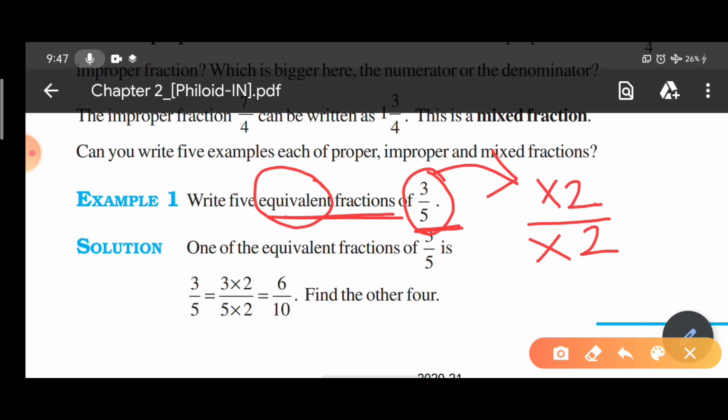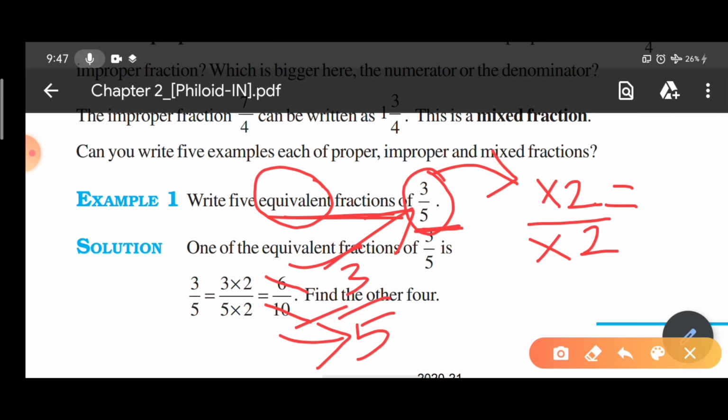By doing this, I get 6 by 10. So this is my equivalent fraction. If I shorten it, for example, by dividing by 2, I get 3 by 5. That is, 6 by 10 is none other than 3 by 5 only. That's why I call it equivalent.